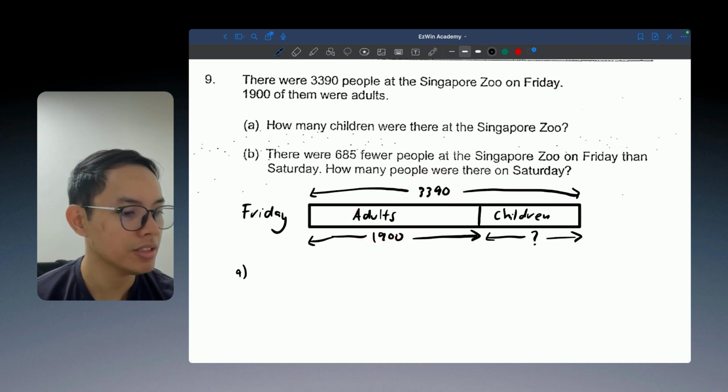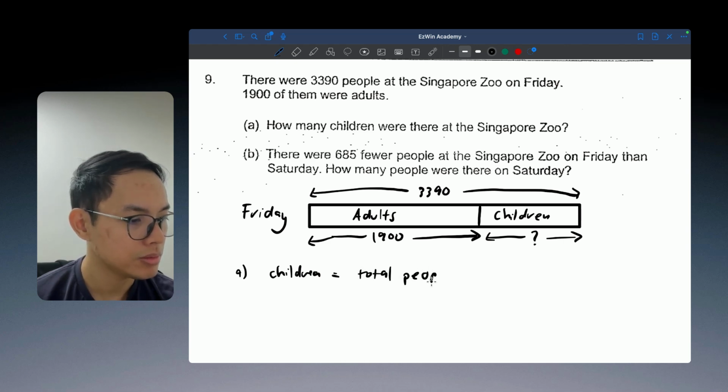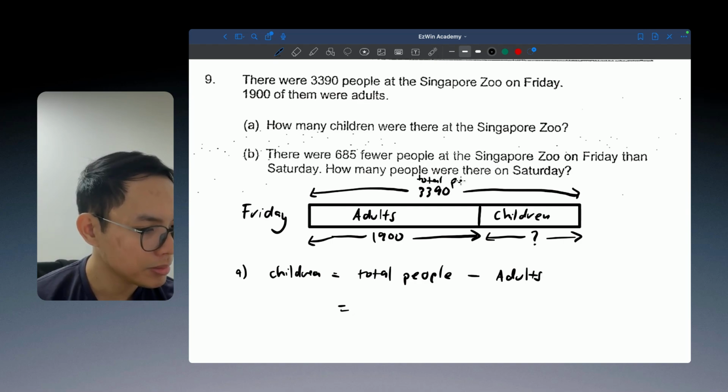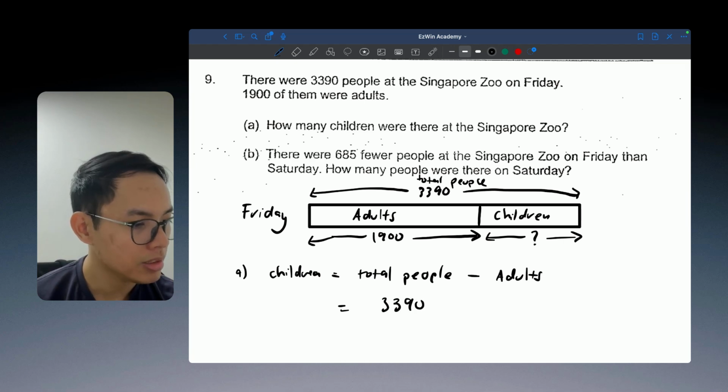So children is equal to total people minus adults. So what's the total people? Total people, which is 3,390, minus what's the adults? 1,900, as what you see over here.